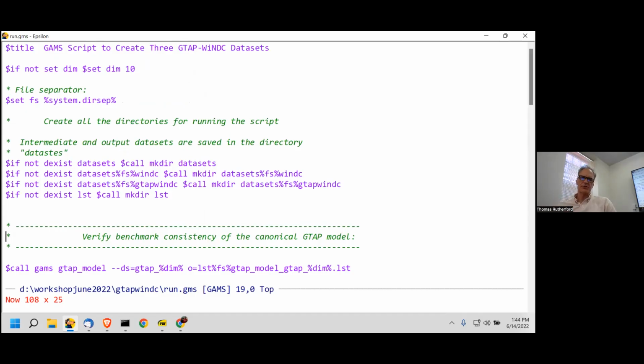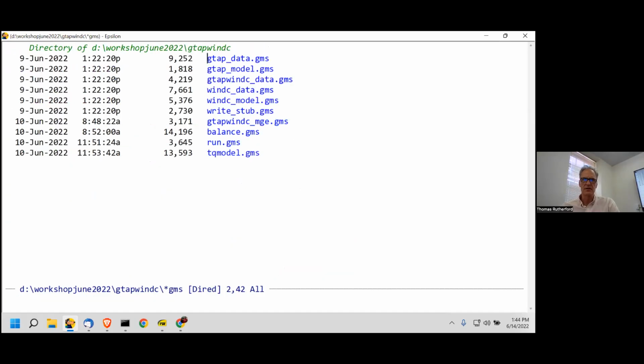Let's just go through how this thing gets reconciled. If I look at the GMS files in this directory, we've got GTAP data, the canonical data input routine for GTAP 10. GTAP underscore model is the GTAP in GAMS model, which is documented.